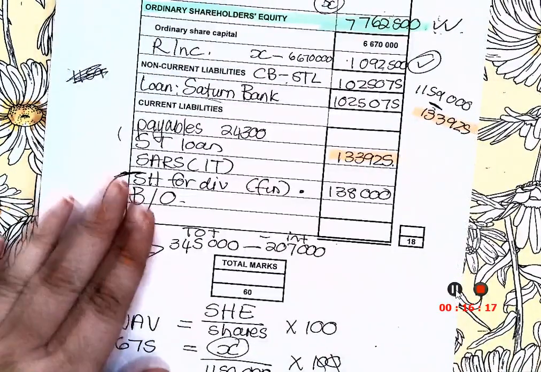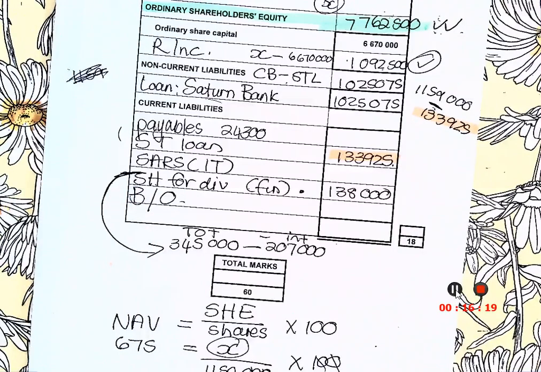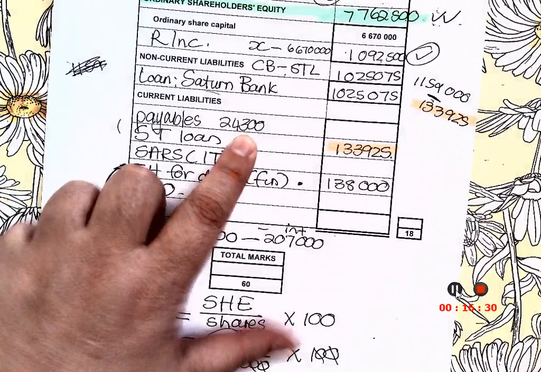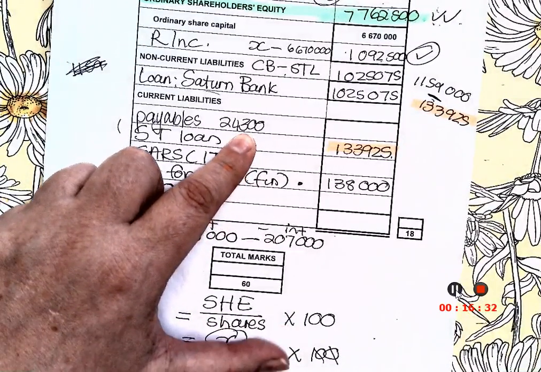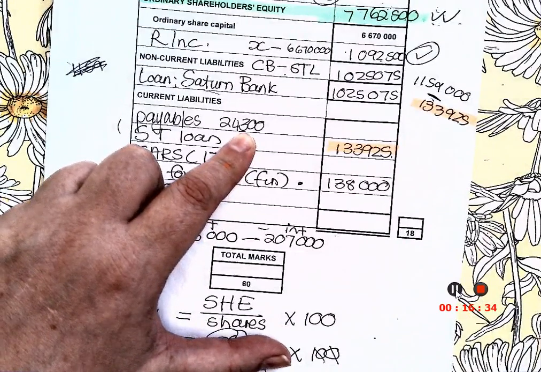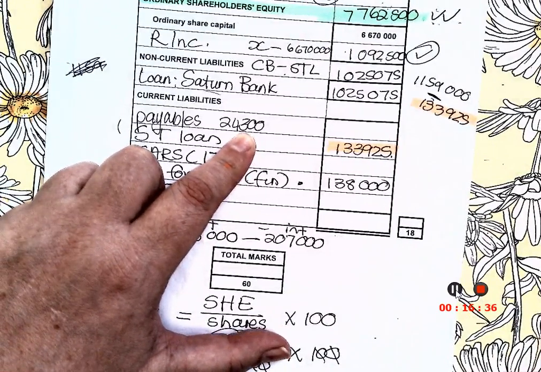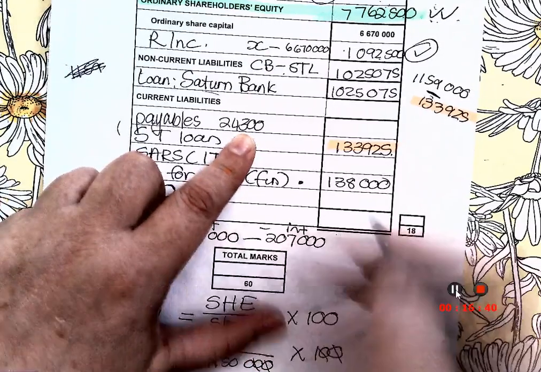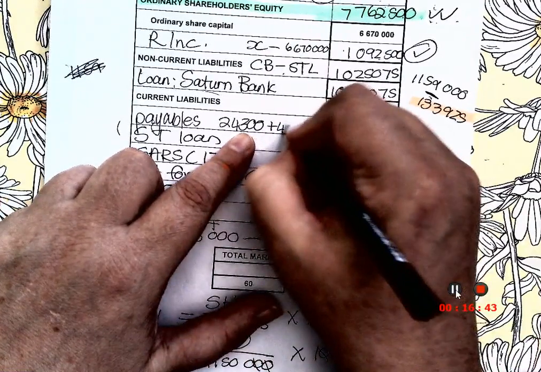Okay? So let's continue. Payables. What is my payables? First of all, did I have any accrued expense? No. Did I have any income received in advance? Yes. Did I have any creditors? Yes. Can someone give me the creditors since Mary has got my stuff?